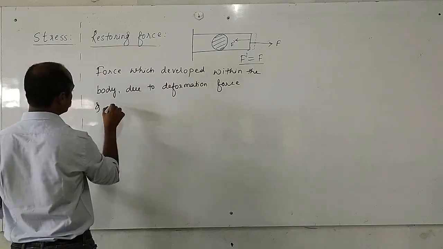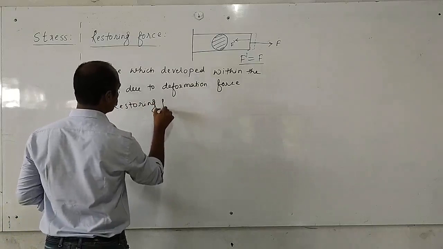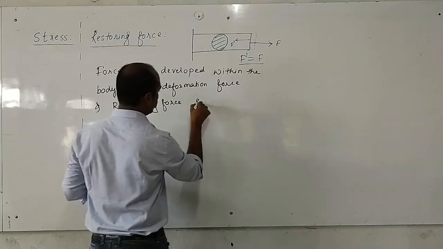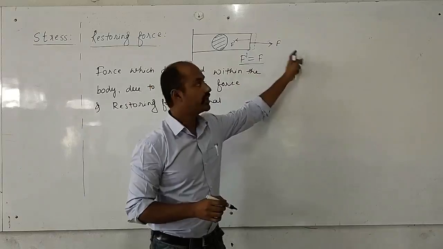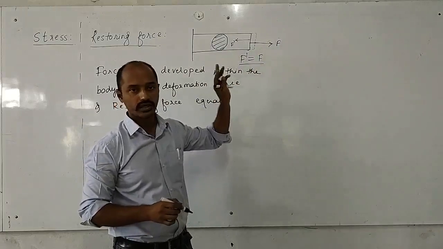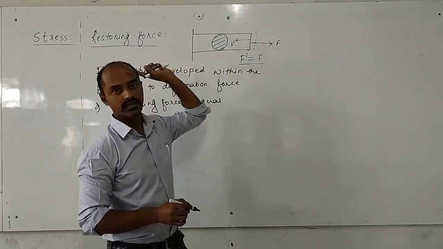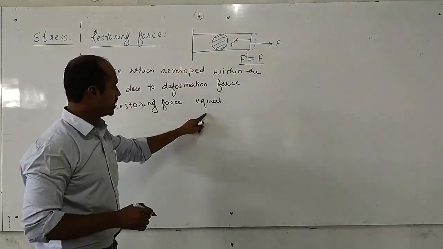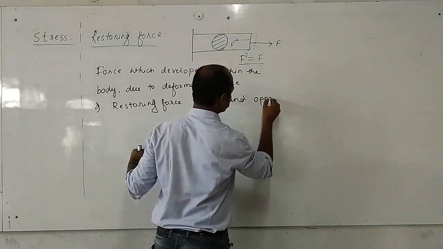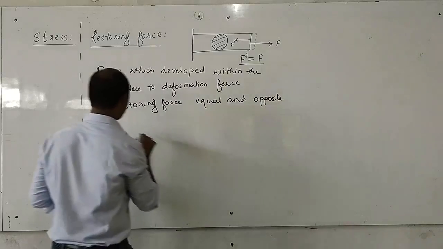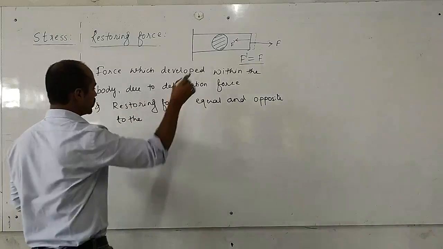The restoring force and the deformation force are equal in magnitude. If it is 20 Newton, then definitely F dash is also 20 Newton. But F is acting in this direction, and F dash is acting in this direction. So I can write that the restoring force is equal and opposite to the deforming force.